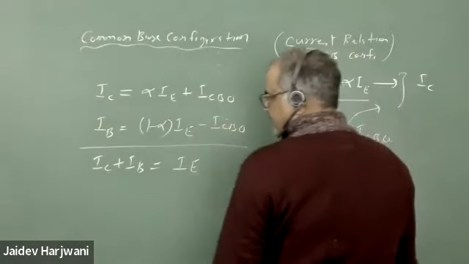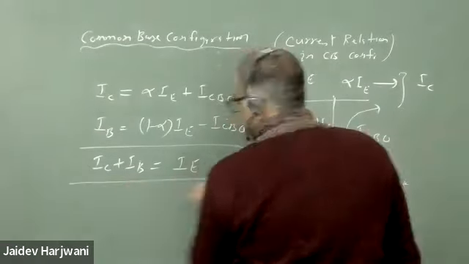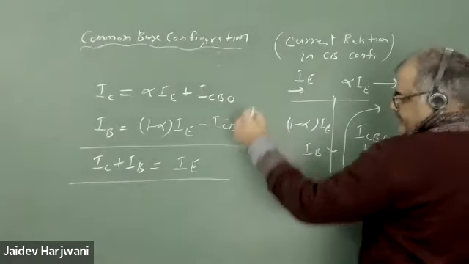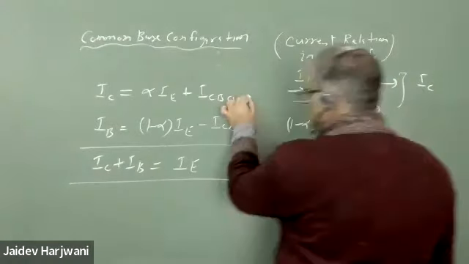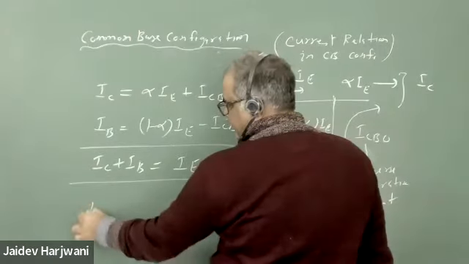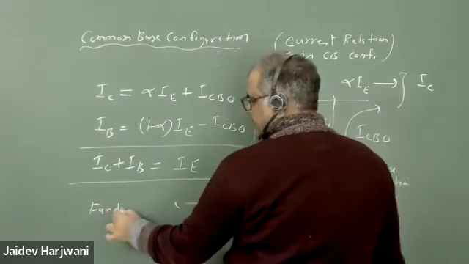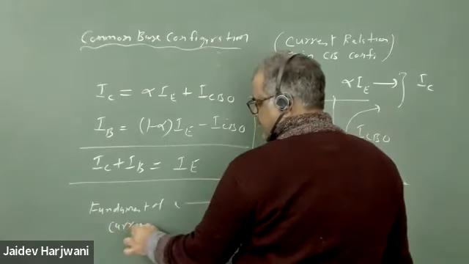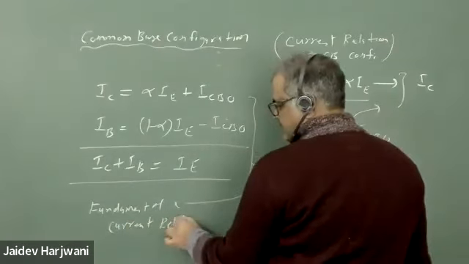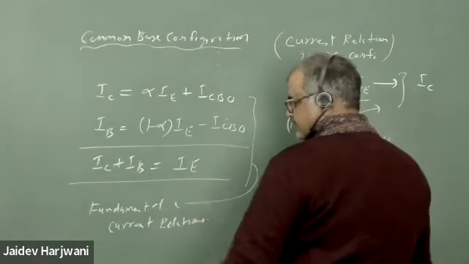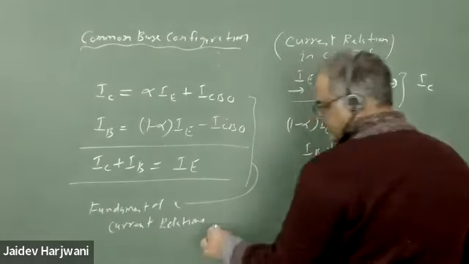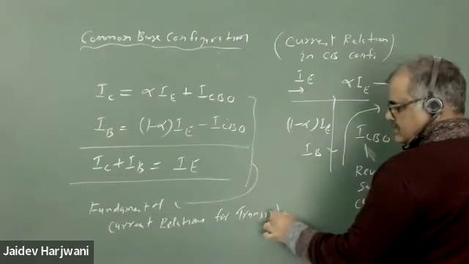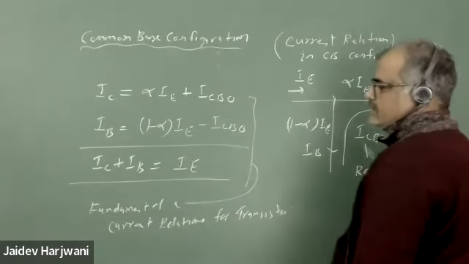So these are the current relations in your common base configuration, and these three are called the fundamental current relations for a transistor.